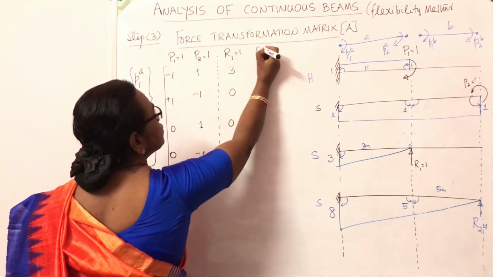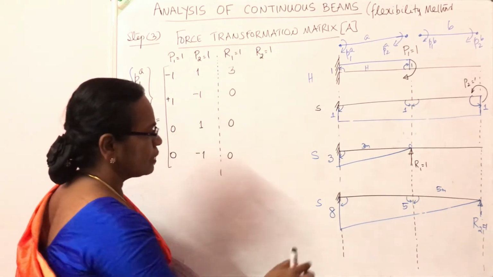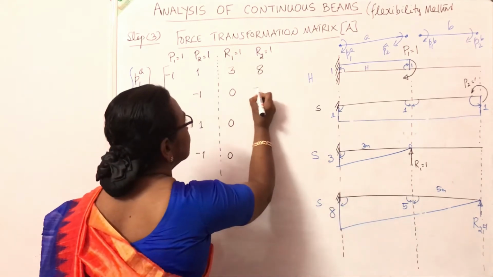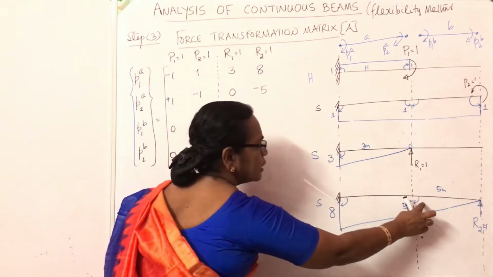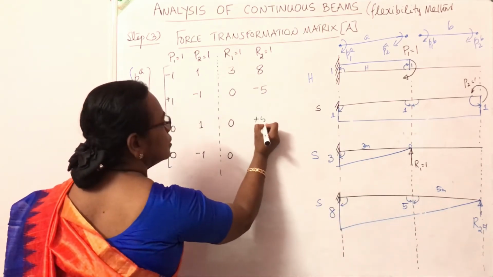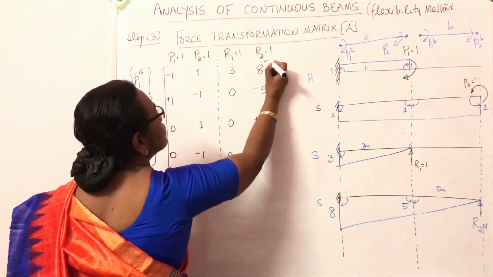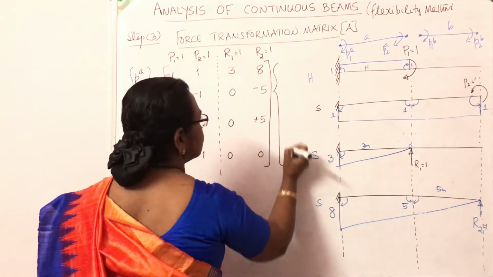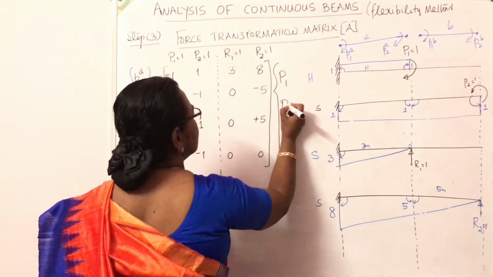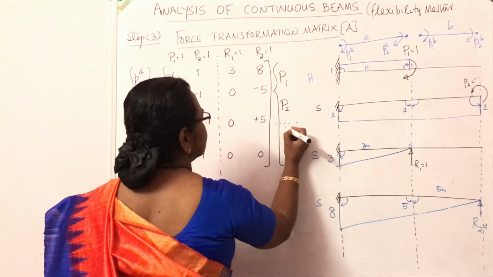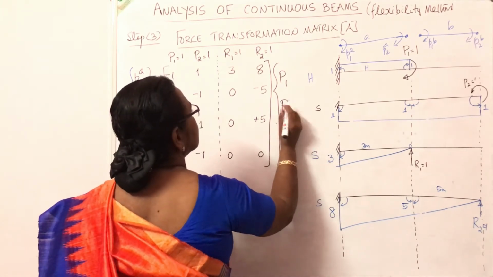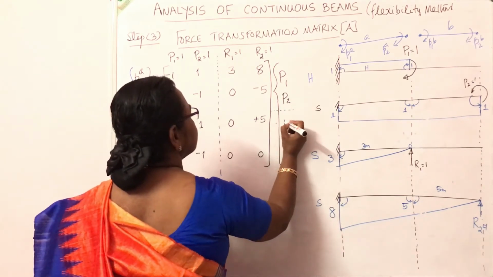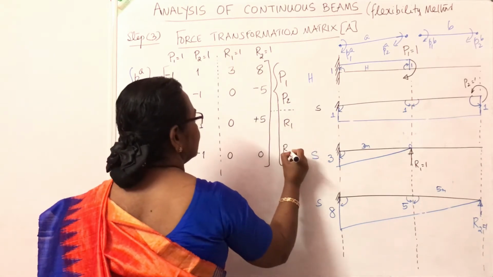Now by giving R2 equal to 1, these values are: here it is 8, here it is minus 5, here it is plus 5 and 0. For easiness I am writing this at the top. Actually, this has to be written like this, into P1, P2. Putting a dotted line here, R1, R2.